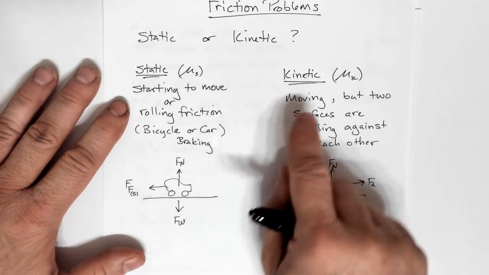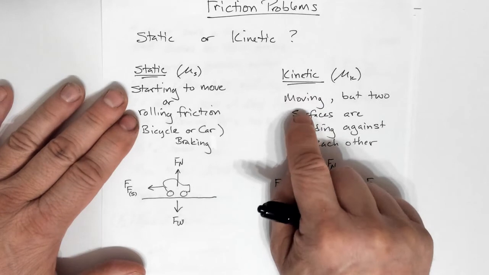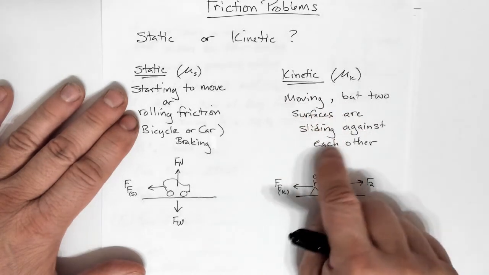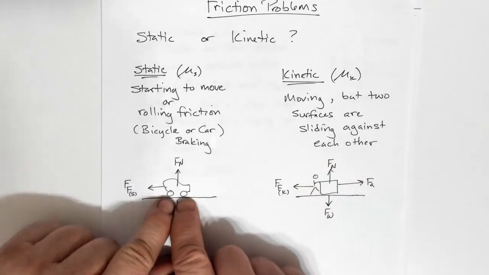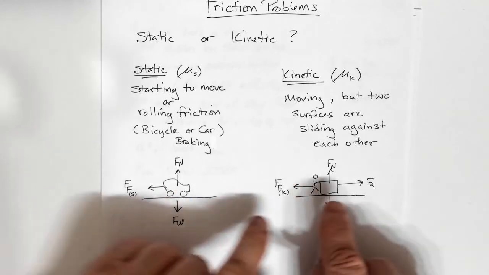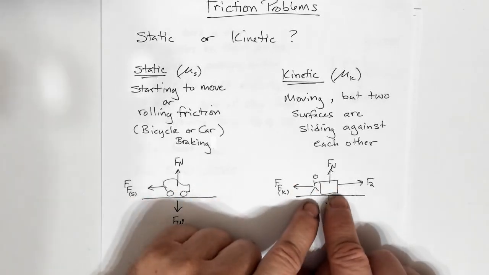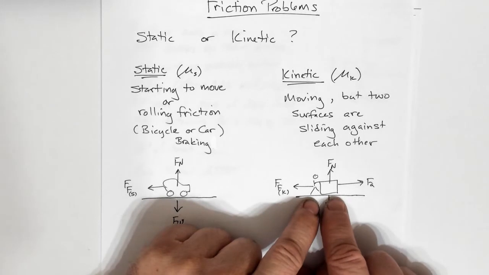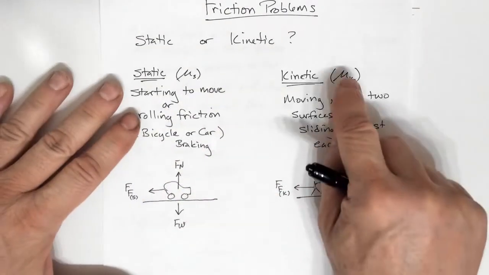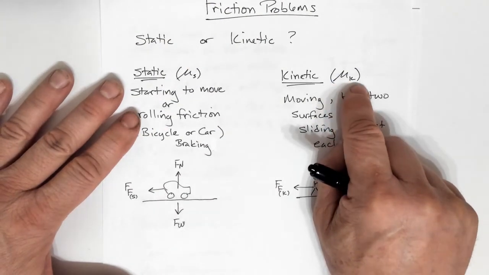Okay, we would use the kinetic one if we're moving, but it's because two surfaces are sliding against each other. Okay, we're assuming that the tires are still rolling, they're not sliding. Okay, and that was even mentioned in our problem. But if we're pushing a box and we can safely assume that surfaces are sliding on each other, then you'd use the mu or coefficient of kinetic friction.